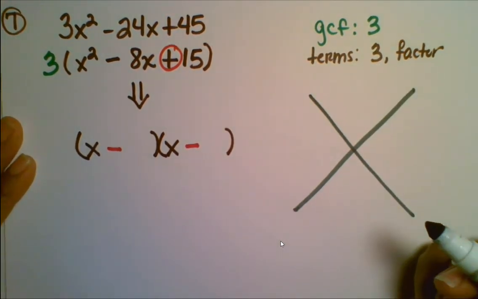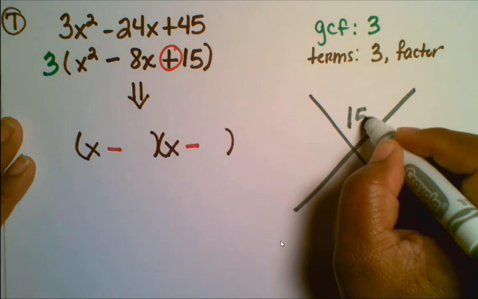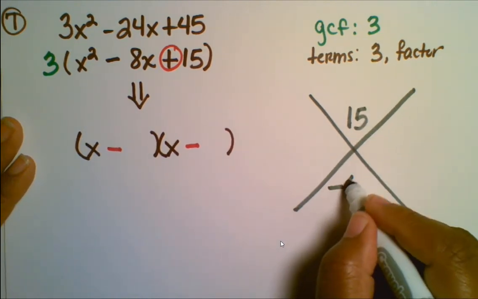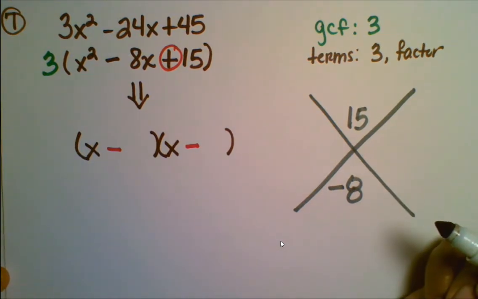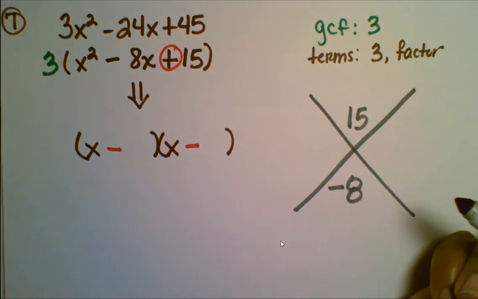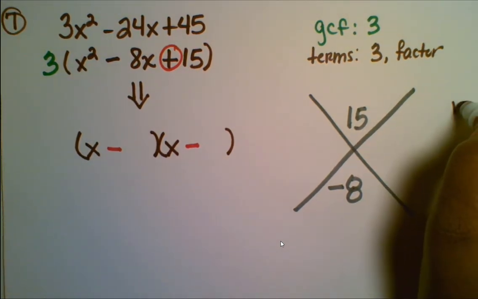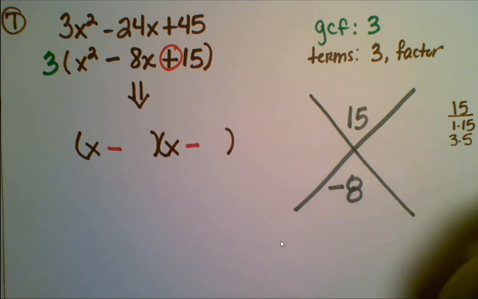Our X. What are factors of 15 that when you add those 2 numbers will give us negative 8? And that will be, we have factors of 15. I believe we did a question with 15, but we still can write them again. We have here 1 and 15, 3 and 5.